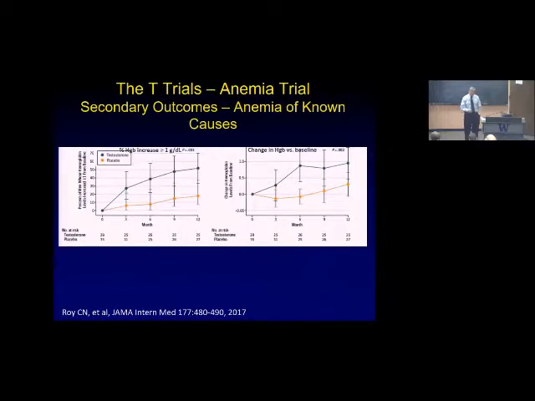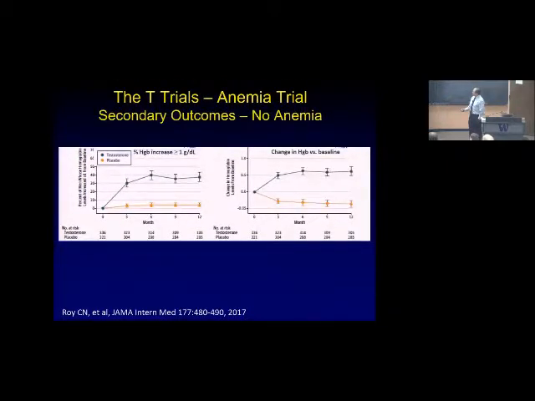Okay, so anemia of known causes also had improvements in their hemoglobin, both absolute as well as percentage, and the same for non-anemic individuals. So what does that tell us? That means that testosterone has an effect on hemoglobin. Well, we knew that. Okay, we knew that before.